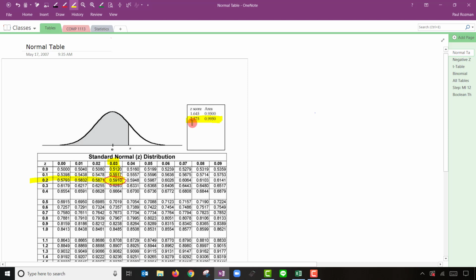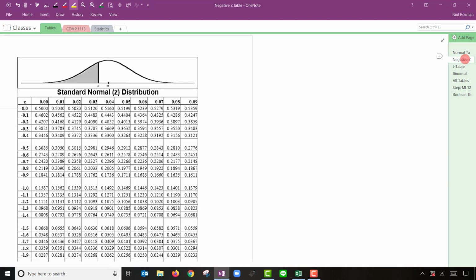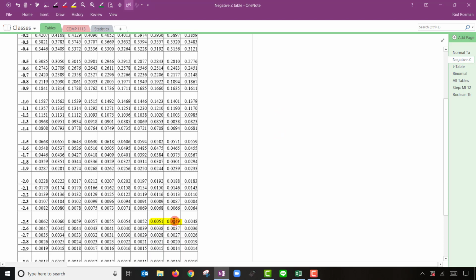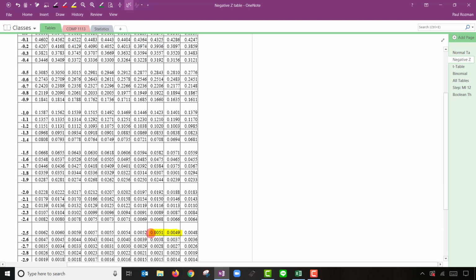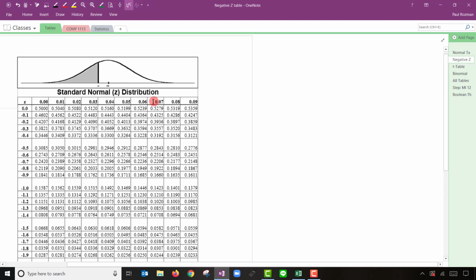So our z-score is 2.575. We can actually add 1 decimal place of precision. If we went back to the negative version, you could see it's between these two, but it's exactly halfway between those two.